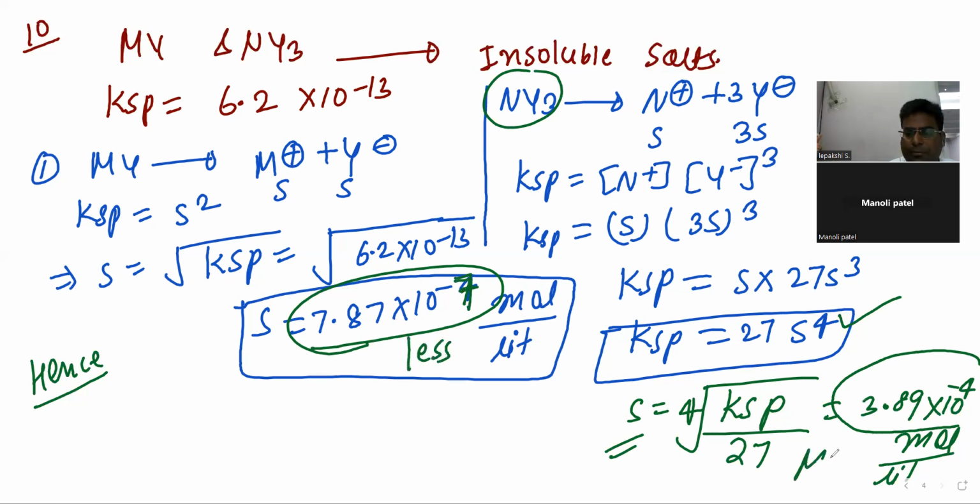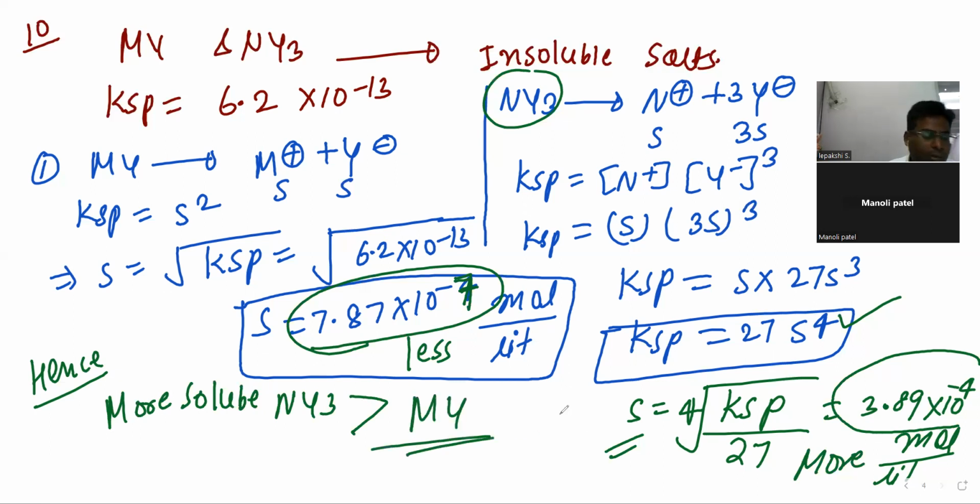This is more. So the solubility of MY in water is less than that of NY3. You can directly write: the more soluble one is NY3. Its solubility is greater than MY. So please write this answer.